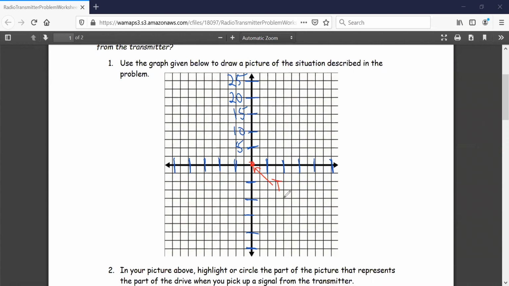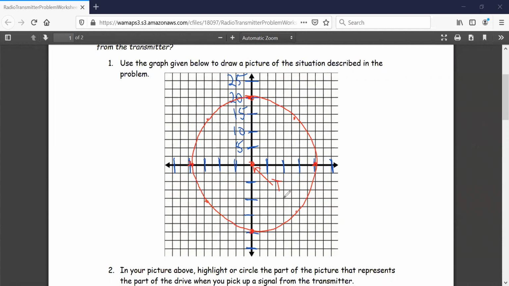And if it is transmitting 20 miles in every direction, that means it can go out as far as 20 miles to the north, 20 miles to the east, 20 miles to the south, 20 miles to the west, and then 20 miles northeast, northwest, really any direction. And hopefully you start to see that basically what we get is this kind of circular shape that is the area where the signal can be picked up.